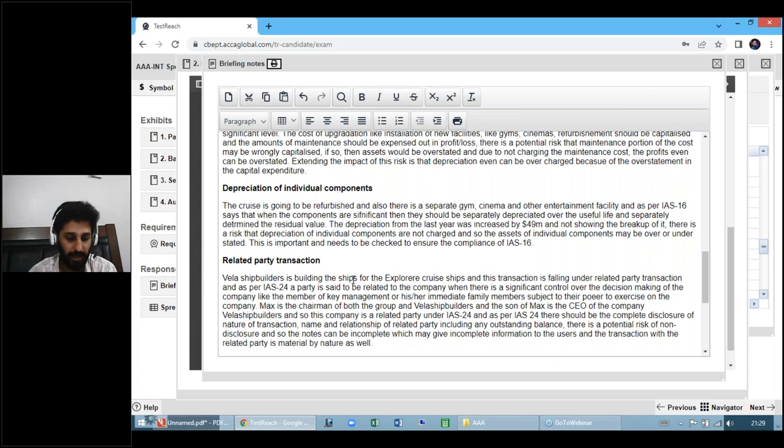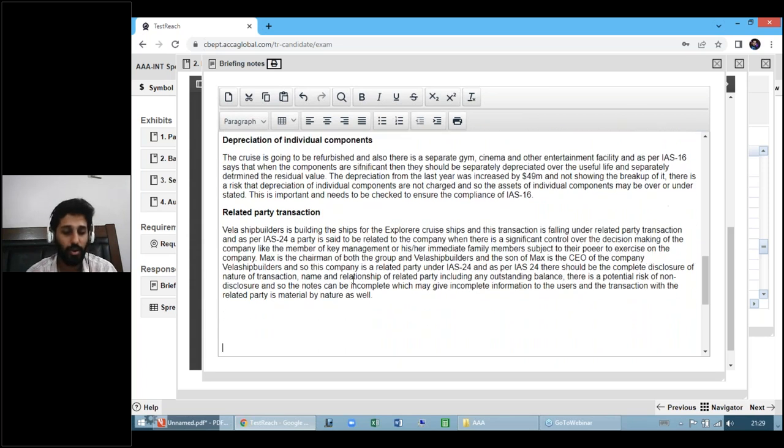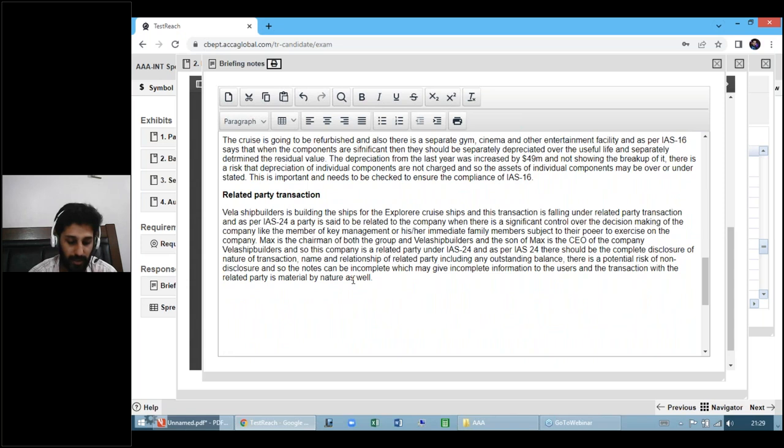And so this related party transaction is an important and significant risk, right?